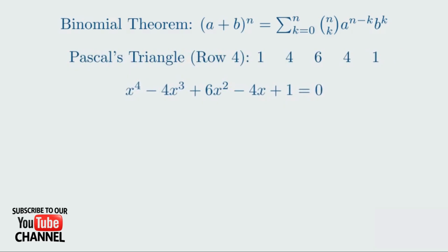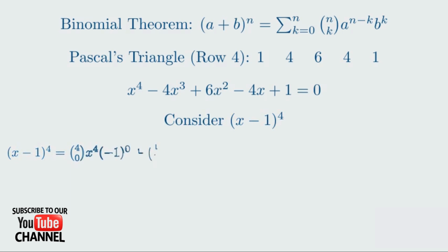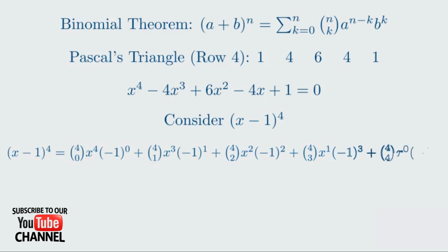Our polynomial alternates in sign. The terms are positive, negative, positive, negative, positive. This sign pattern is exactly what you get when you expand the binomial x minus 1 raised to the power of 4. Let's expand it. C(4,0) times x to the fourth times negative 1 to the 0 plus C(4,1) times x cubed times negative 1 to the first, and so on.